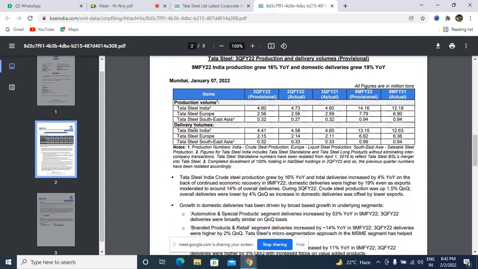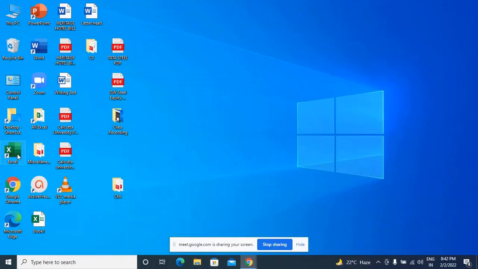What you have to do is put all this data in a tabular format in an Excel sheet, and work out the growth rate quarter on quarter. Let me demonstrate it to you.